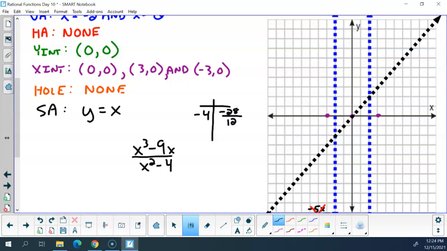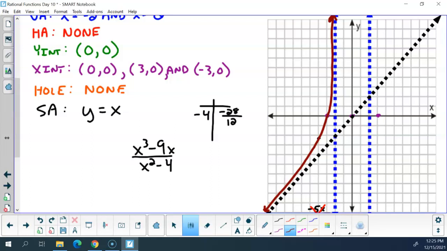Negative 28 divided by 12 is negative 2 1/3. So we're right there, which then would mean that this side of the graph comes through as such.